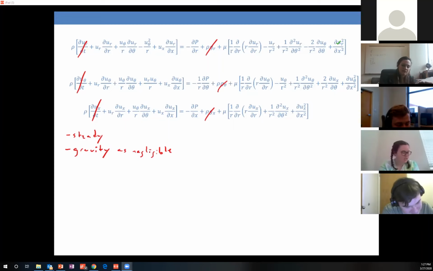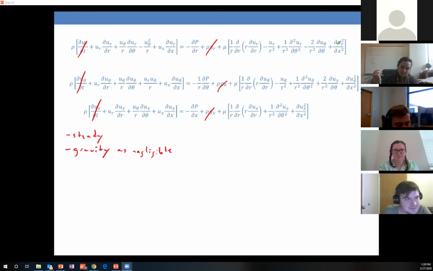And then we have pressure as a function of r, theta, and x here, so you could solve and find density as a function of r, theta, and x. Yes, you would have to somehow account for how rho is changing before you were able to actually integrate and solve.